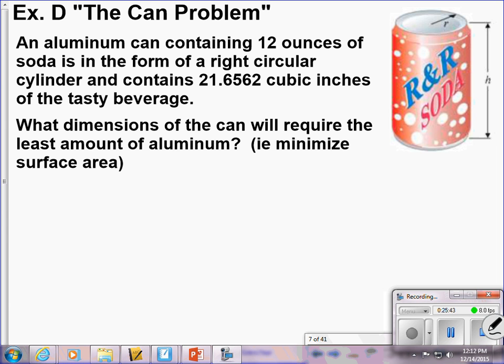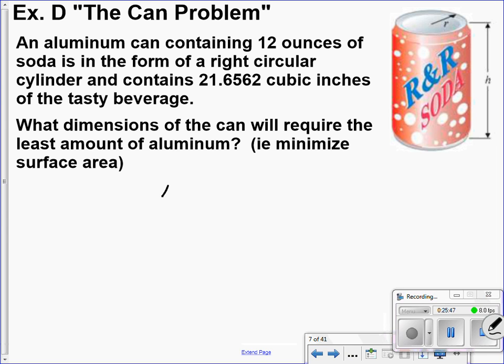Surface area is just the sum of the areas of all the surfaces. So when you're talking about a can, you got the top. What shape is that? Circle. You got the bottom. That's another circle. Then you got the sides. Now, forget about the top and the bottom. If I took scissors and opened it up, do you see that the sides would be a rectangle?